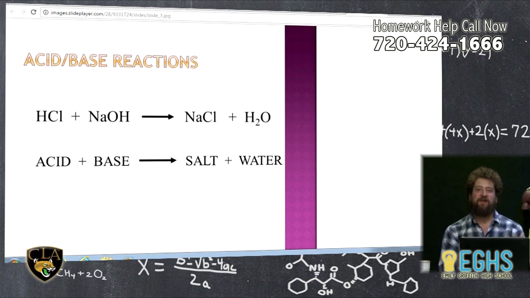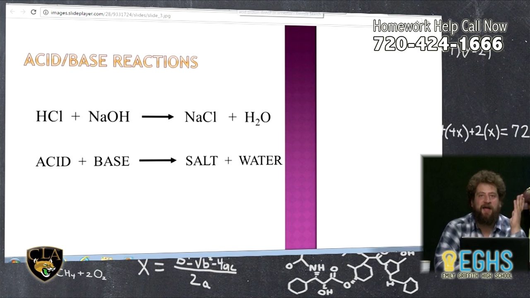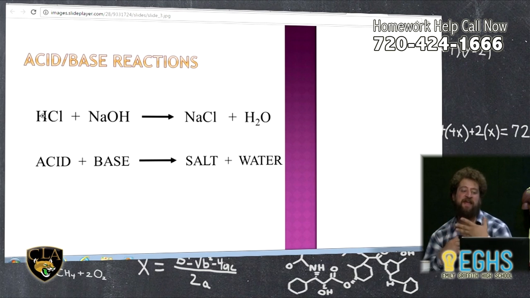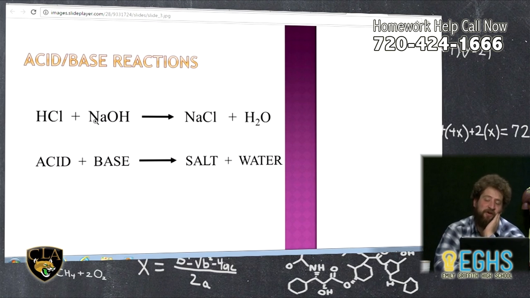The key here is that hydrochloric acid has these extra H's, and really what hydrochloric acid would like to do is dissociate, or break up, into chlorine ions and let go of a lot of its hydrogen ions. The base over here, sodium hydroxide, NaOH, has this OH group, which we call a hydroxide group. A hydroxide group would really like to take on another hydrogen and become 2 H's and 1 O, which is H2O, which is water.